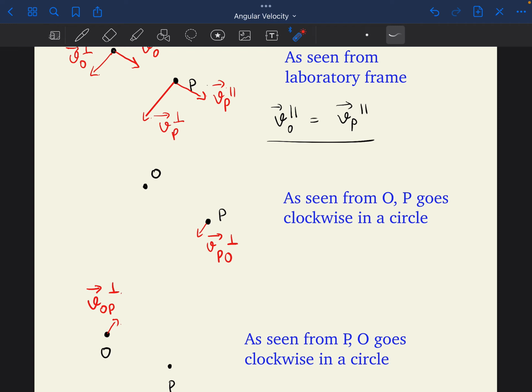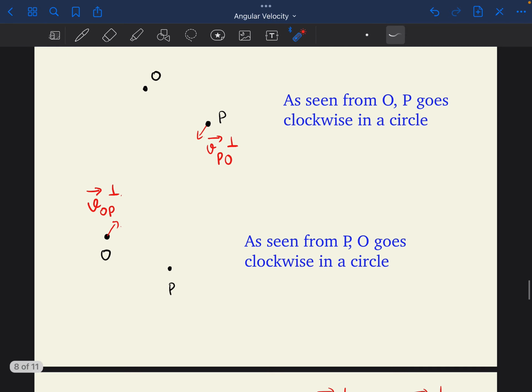So we are only looking at a particular instant, and we are defining things from there. So if you go into O's perspective, this is the relative velocity. If you go into P's perspective, this is the relative velocity. And these two are definitely negatives of each other. So as seen from O, P is going in a clockwise circle. As seen from P, O is also going in a clockwise circle.